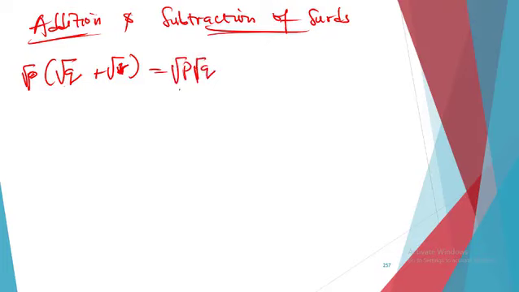Then root p times root r will give us root p root r. Is that correct? Now the plus here means root pq plus root pr.